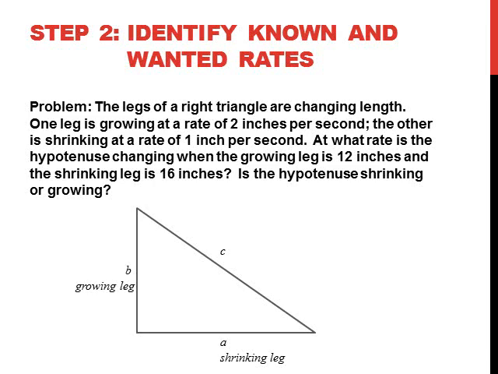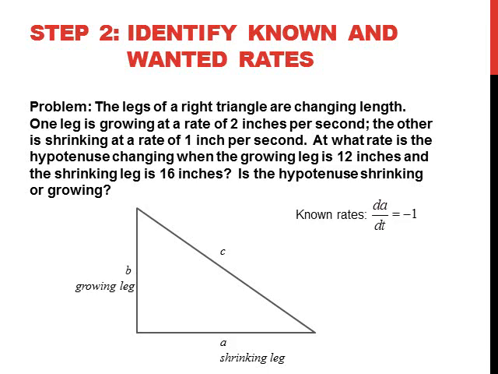Now that we've got our diagram in place, it's time to identify the known and wanted rates. So in part of the statement of the problem, it says that one of the legs is shrinking at a rate of 1 inch per second. So because it's shrinking, it's getting smaller, its rate of change is negative.